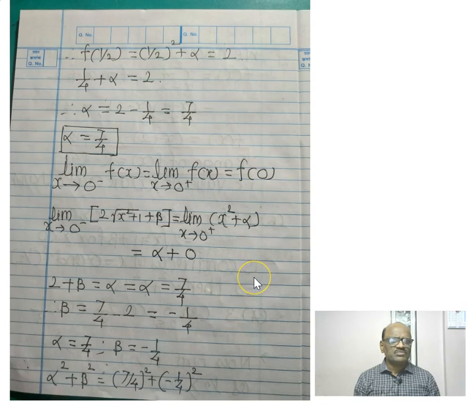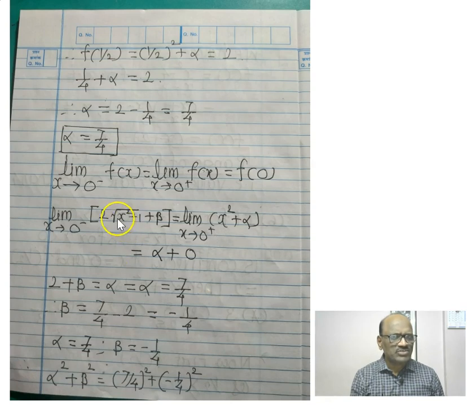And for f of 0, the function is x square plus alpha; substituting x as 0, you get alpha plus 0. Now the limit as x tends to 0 with a minus sign indicates the left limit, and 0 with a plus sign indicates the right hand side limit.